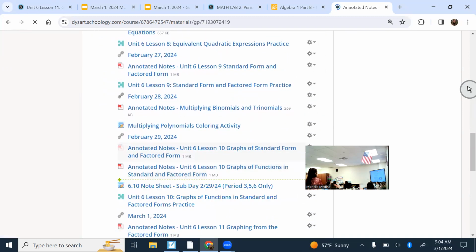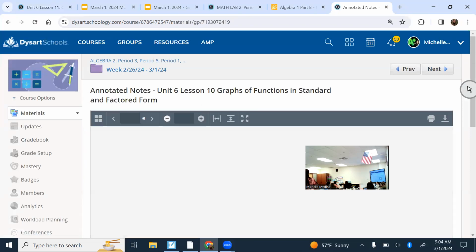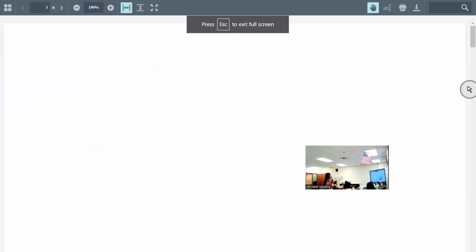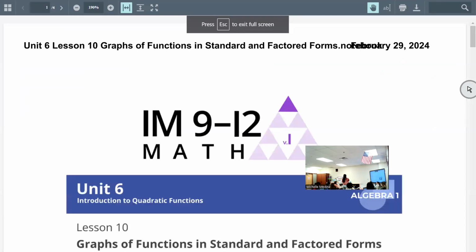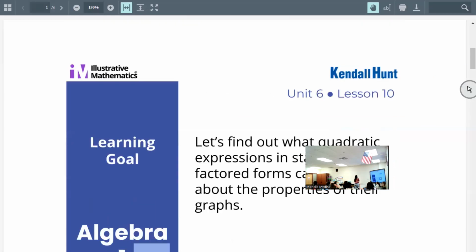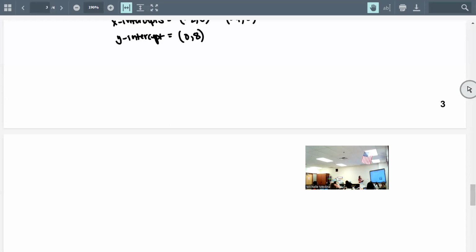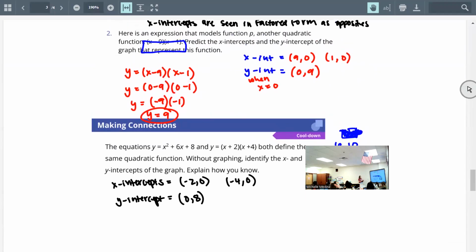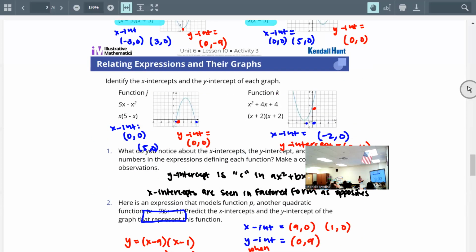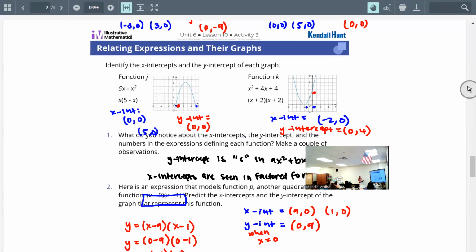Here's lesson 10 notes. All right, so yesterday when we looked at all those different graphs, or some of you were supposed to do it yourself, if you had a sub. But we saw that on the expression where it was just one term times a 2 term, the other one was 0 for the x-intercept.